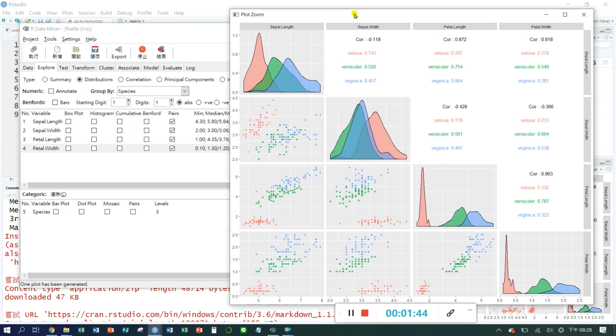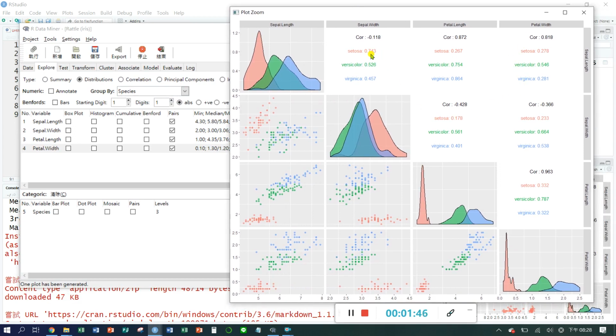You can see here the species: the pink color means the species is Setosa, the green one is versicolor, and the blue one is virginica.